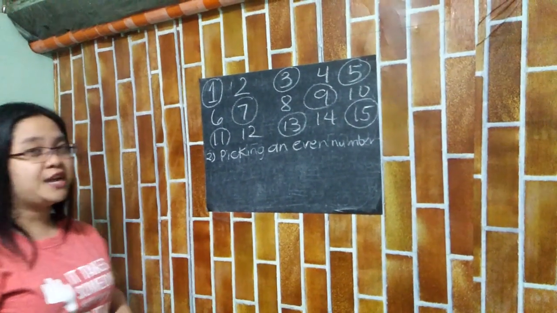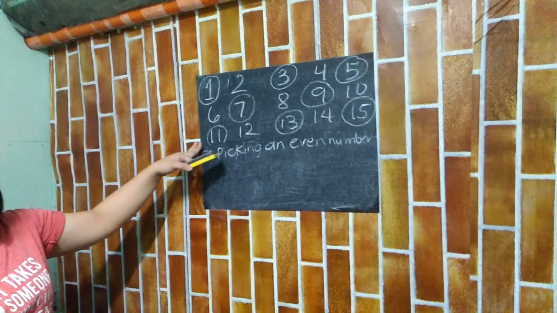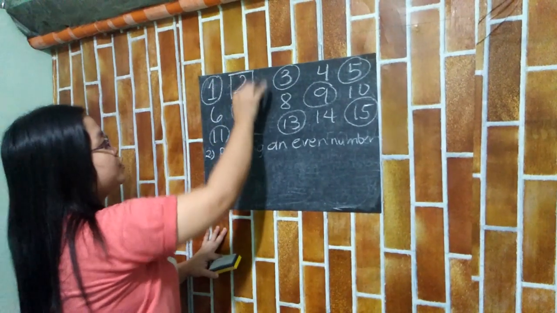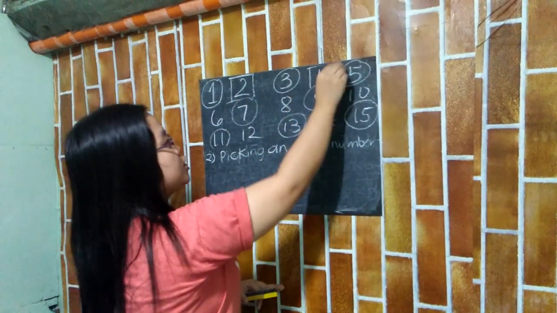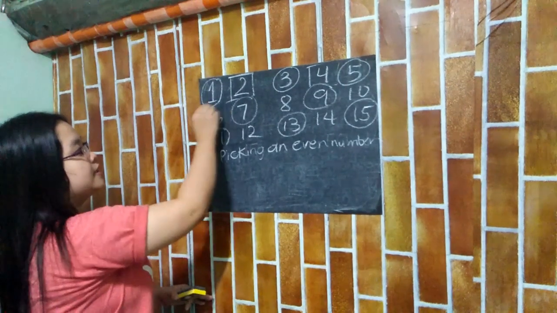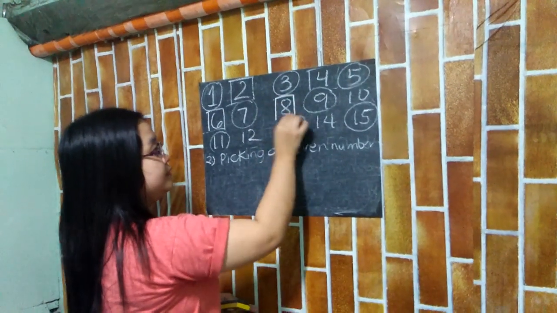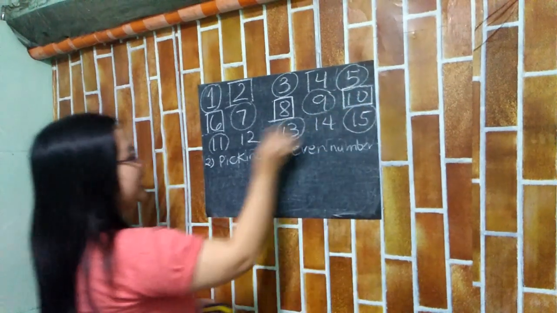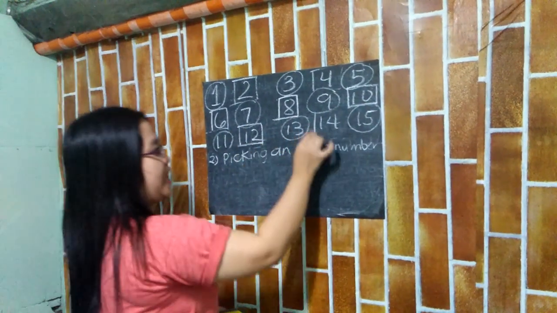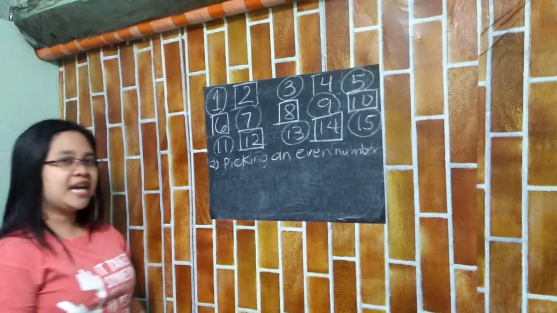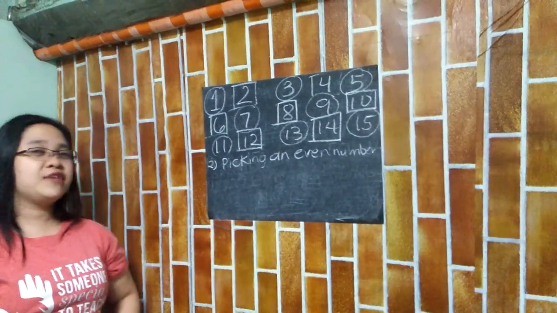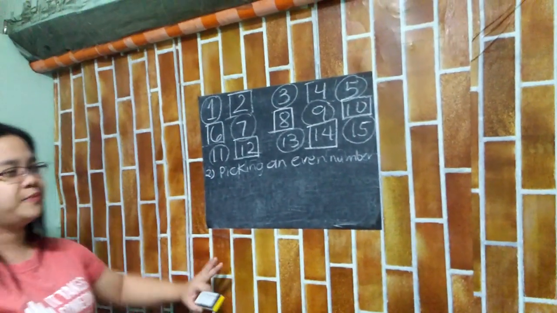So what are those even numbers in this number cards 1 to 15? So we have 2, we also have 4, 6, 8, we also have 10, 12, and 14. We already identified what are the even numbers on the number cards 1 to 15.